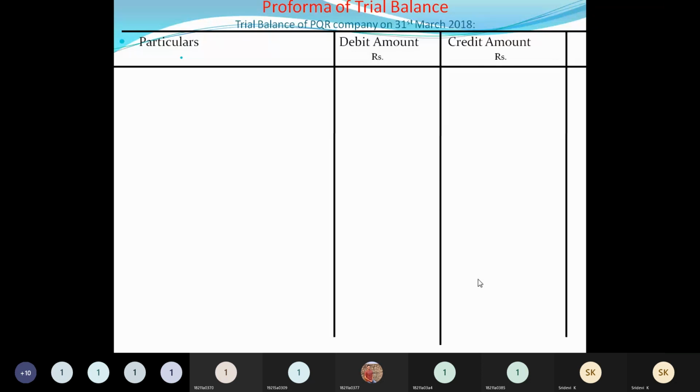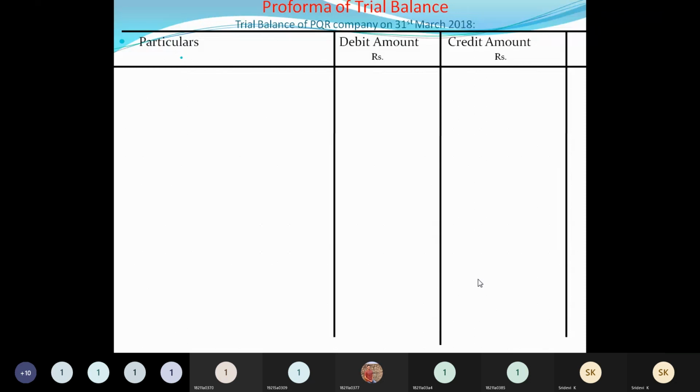In particulars, as we have seen in the ledger accounts, we have balanced the accounts, no? So we have identified the differences between the debit side and credit side of cash account and all. The remaining amount which is identified there by using the balance carried down, by using those amounts, we are going to prepare this trial balance.